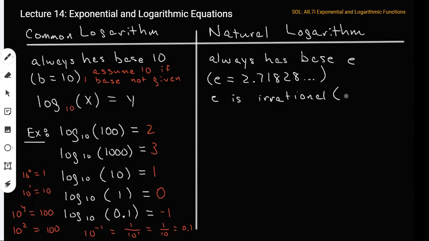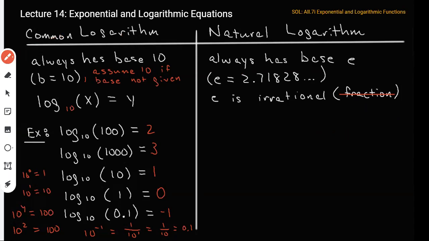So what does that mean? That means we can't write it as a fraction. So e is going to be this number that has a wild decimal expansion where we can't write it as a fraction. So that means it's irrational.